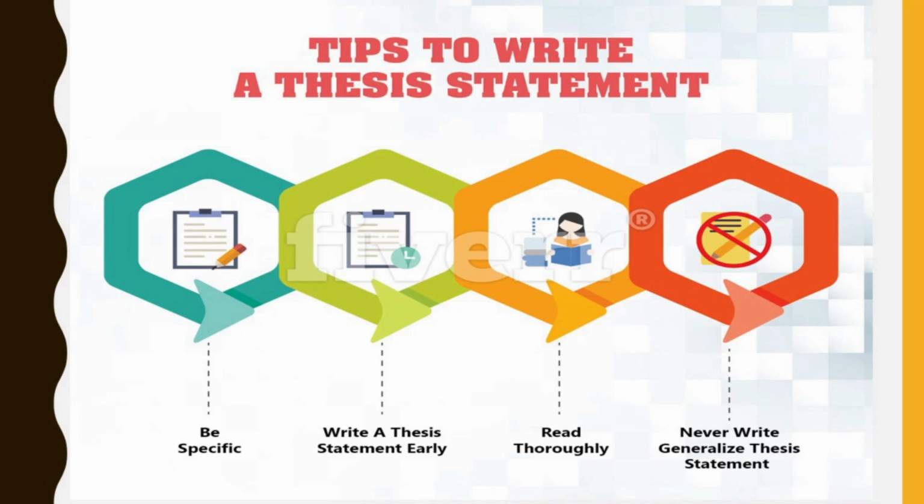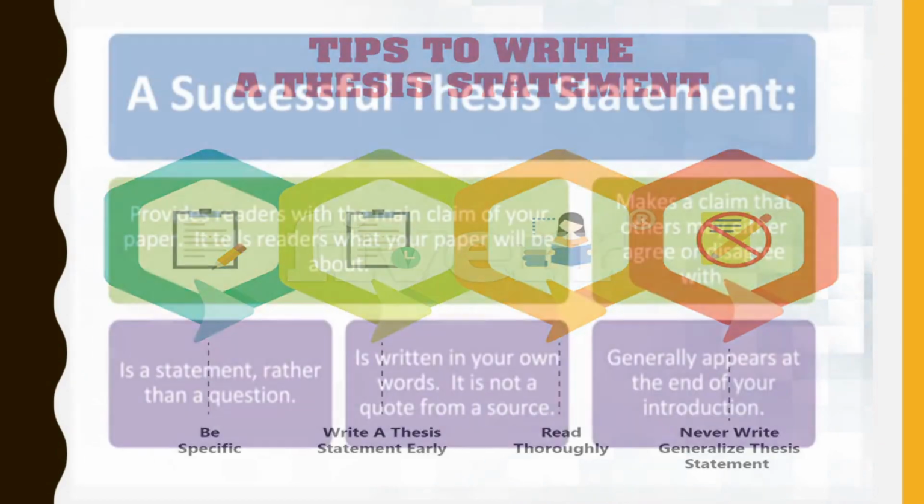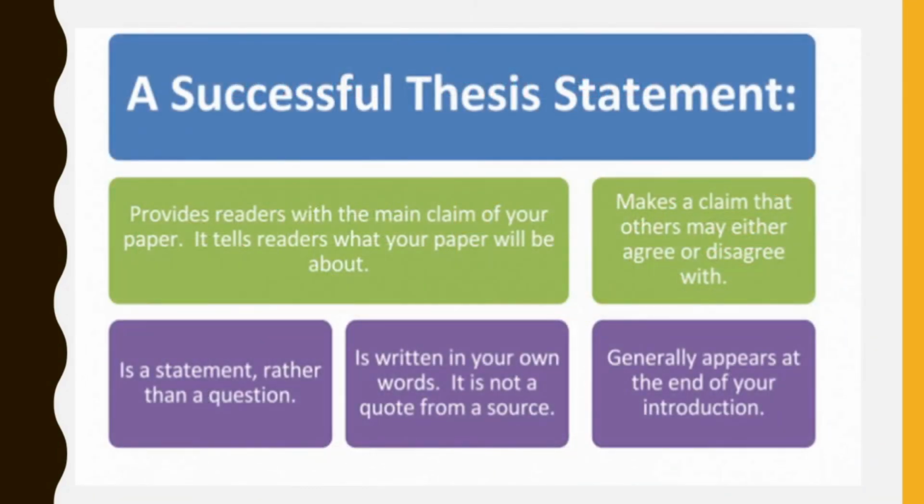Never write generalized thesis statements. Generalized statements can sometimes be true and sometimes false, so don't depend on them. Make sure about that. So how should a successful thesis statement be? It should provide readers with the main claim of your paper or thesis. Your main claim should be highlighted there.